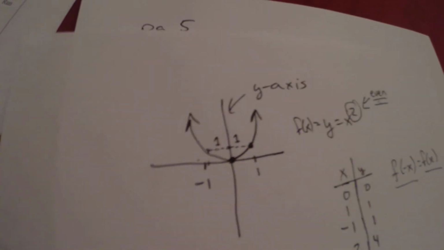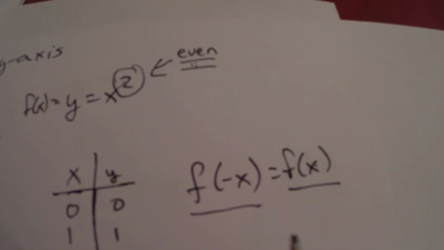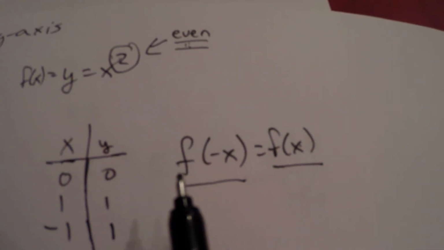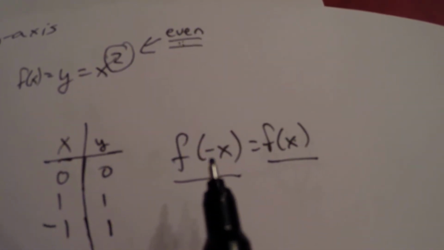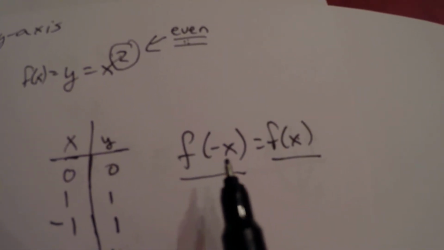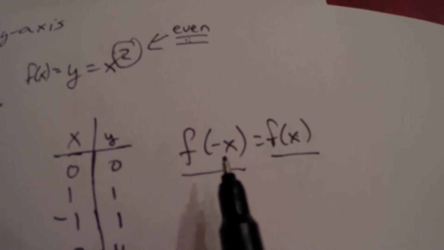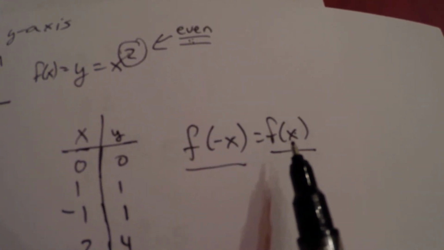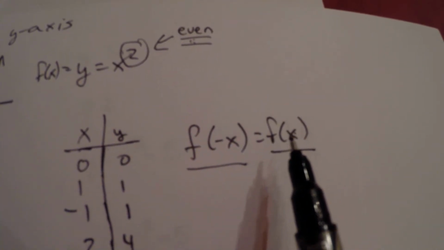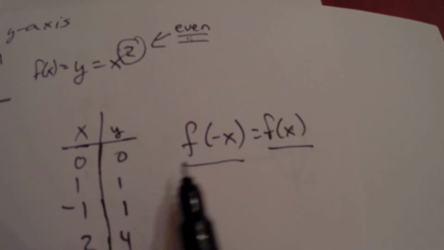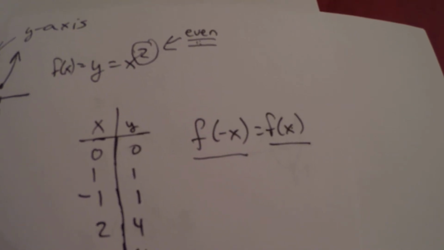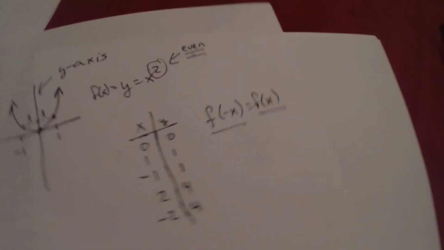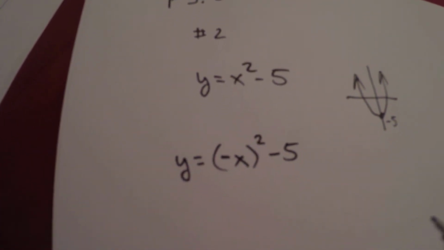So going back to our original definition, this notation is slightly difficult to understand, but at the end of the day, it is very useful. It says whether x is negative or positive, they share the same y value. Okay? So looking now here, is that true?